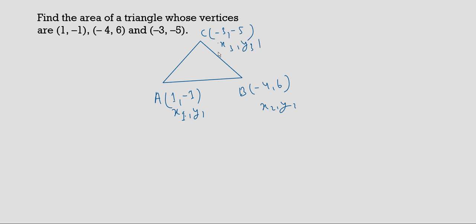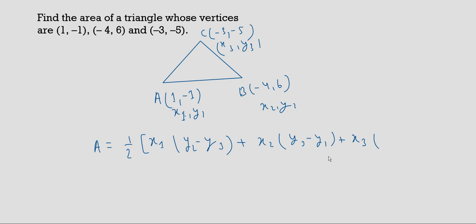Now write the formula: Area is equal to half, in bracket x1 times y2 minus y3, plus x2 times y3 minus y1, and the last one is x3 in bracket, y1 minus y2. So this is the formula.